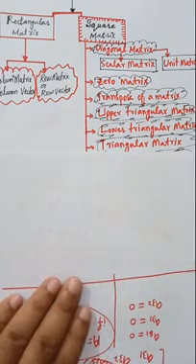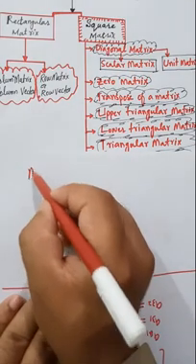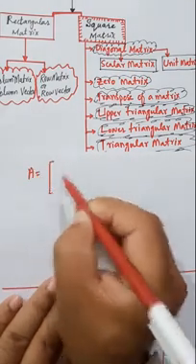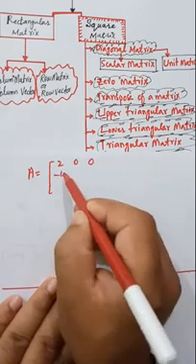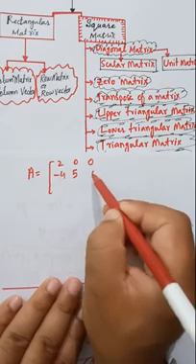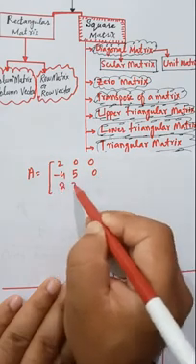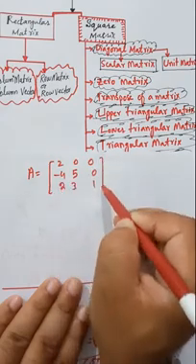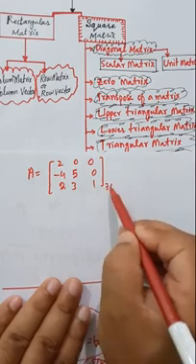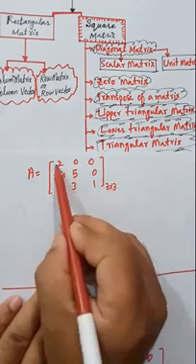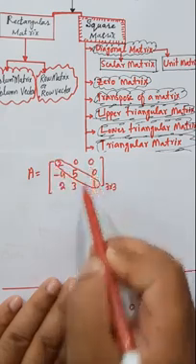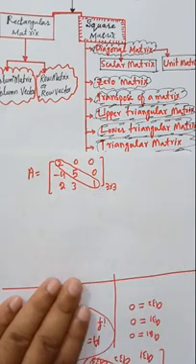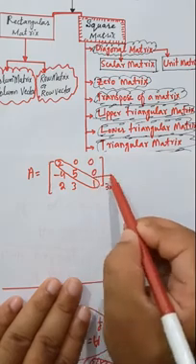Now if I consider an example: 2 0 0, minus 4 5 0, 2 3 1. In this matrix you see that this is a square matrix of order 3. This is the principal diagonal, and above the principal diagonal you see that all the elements are 0.